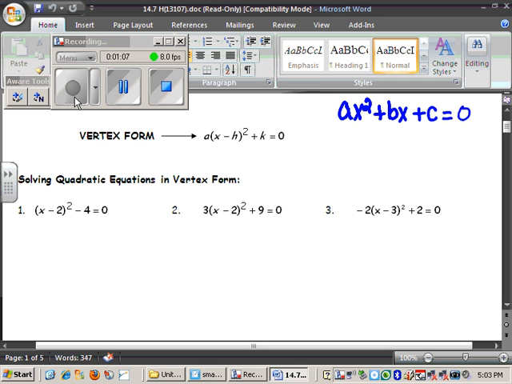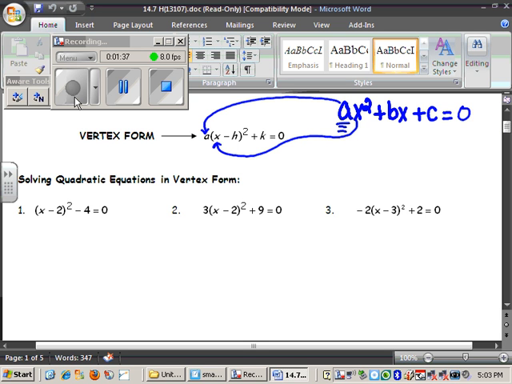Whenever we have our equation in standard form, we should always have it set to 0, because we use this form to identify our x-intercepts, and the 0 represents the y of our function. The a in standard form is the same a that is in vertex form, and the x of standard form is the same x that's in vertex form.